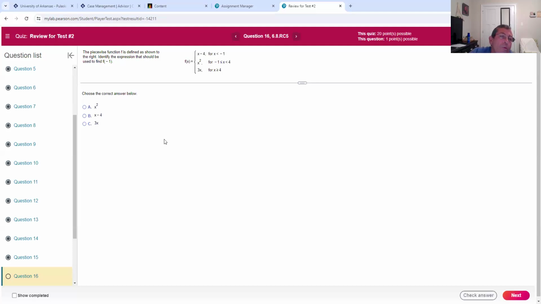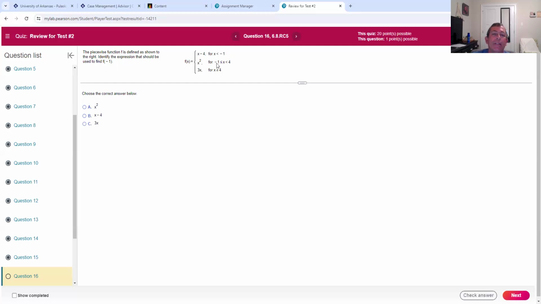So y'all, this one, they only want to know which of these 3 equations I would use if I wanted to find f of -1. So you got to figure out, is -1 less than -1? No, so I would not use the x minus 4.